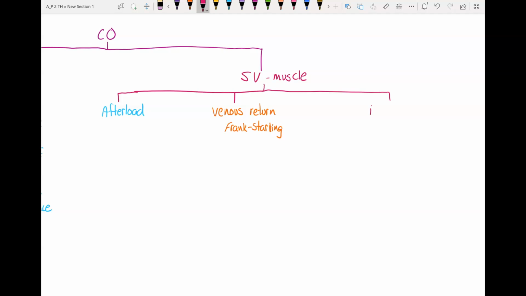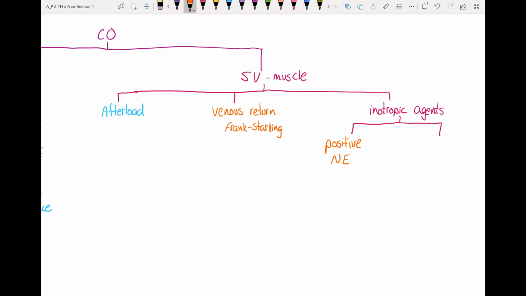Then we have our inotropic agents. So this is like the chronotropic agents, but chron, remember, means time. That acts on heart rate. Inotropic acts on the muscle. And just like the chronotropic, we have positive and negative. So positive, again, is going to be norepinephrine. Remember, the sympathetic nerves branch to both the nodes and the ventricles.